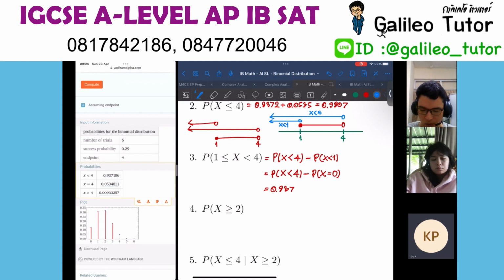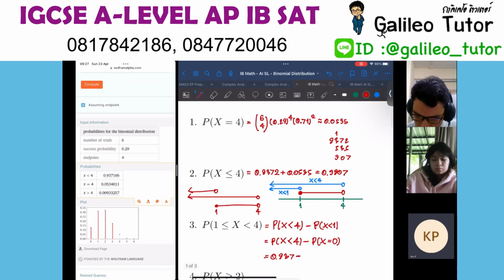So the probability of x less than 1 is going to be the probability of x less than or equal to 0, because the number of trials cannot be negative. The least one is 0. So what is the probability of 0?